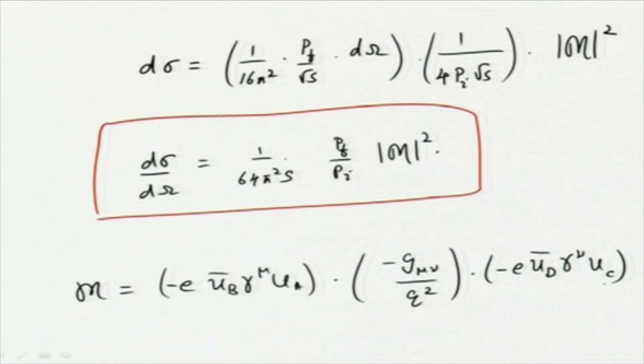We will see what we can do with this M, or multiplying it with the complex conjugate, M bar M square. We will come to that in the next discussion.